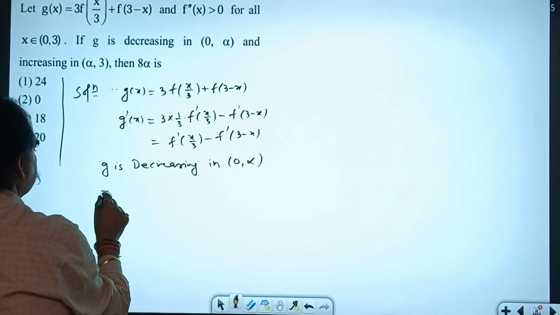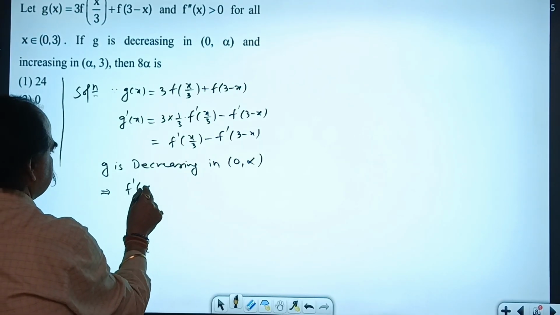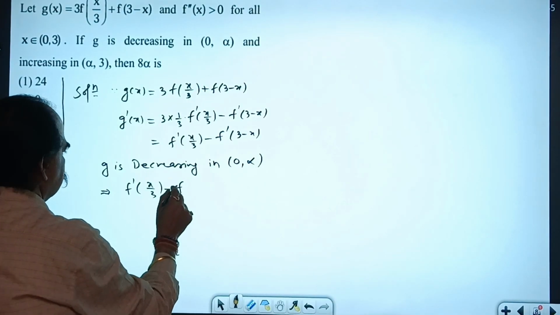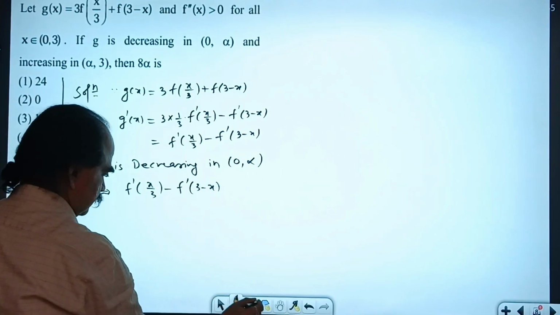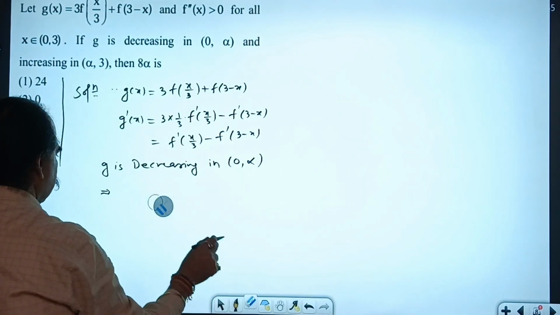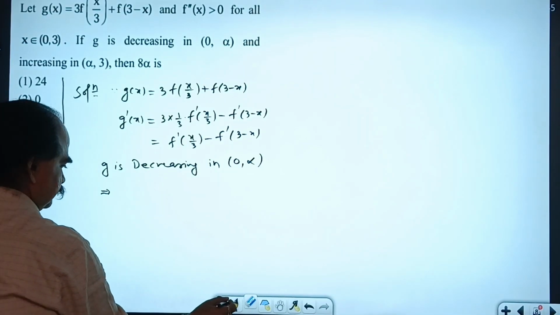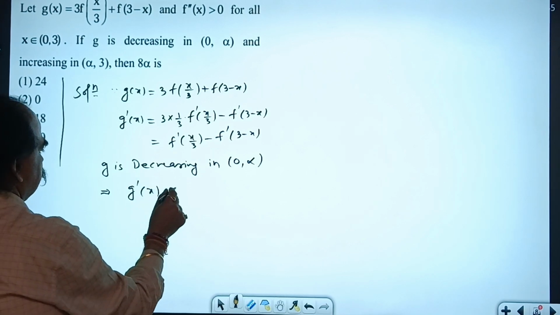This implies g dash x will be less than 0.